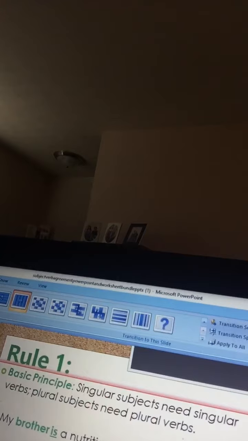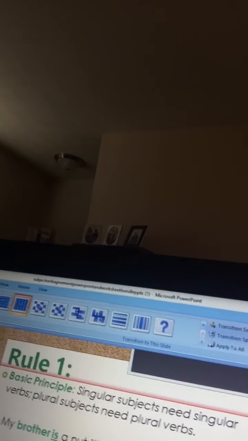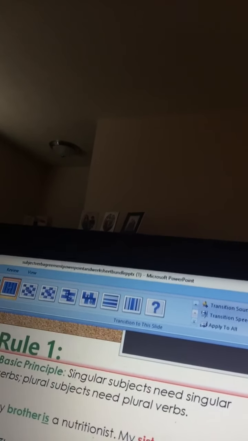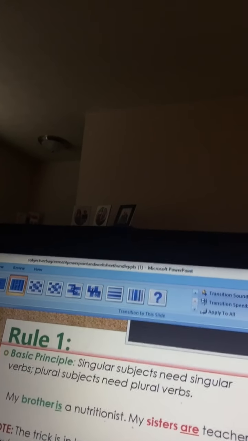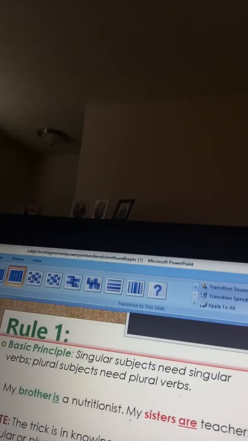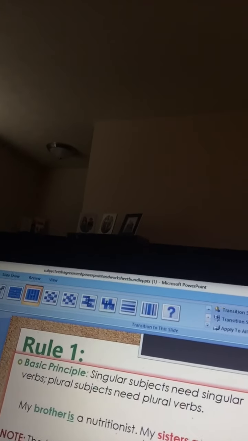I would show them the PowerPoint and show them that we have rules that we have to go by. And the basic rule would be that singular subjects need singular verbs, plural subjects need plural verbs. I would give them a couple of examples like this on here. My brother is a nutritionist, period. And the first thing I would say, let's find our verb, which in this case is underlined, is.